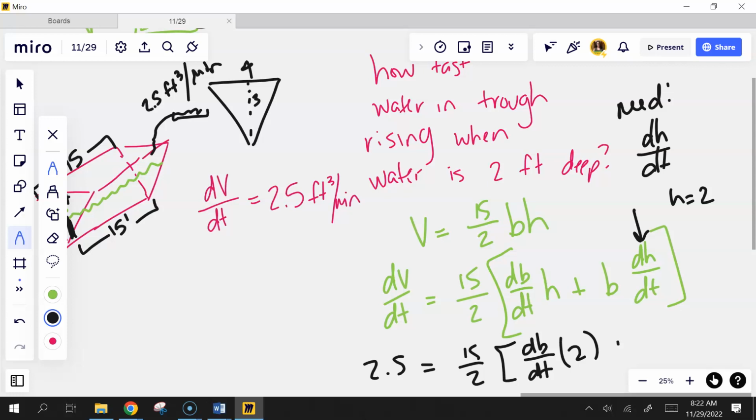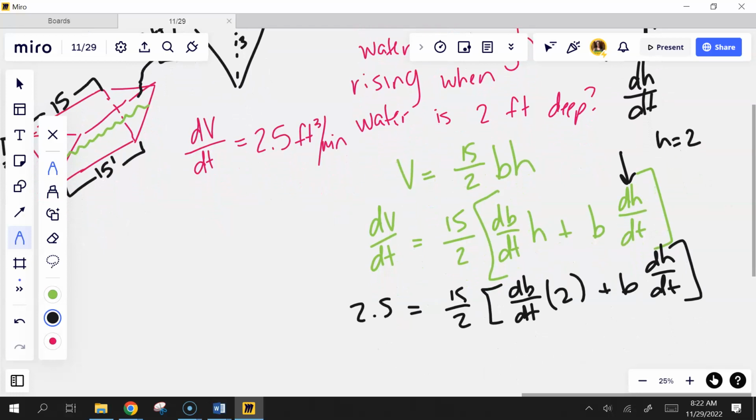No. And dH/dt is what I need. Too many variables. I know that I need this one, so I have to figure out a way to find this one and this one. Any thoughts?